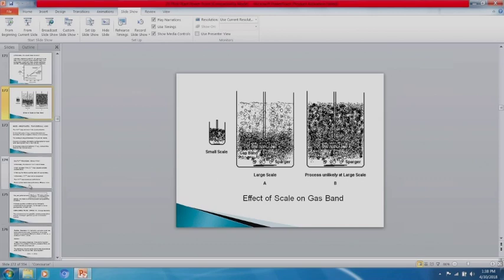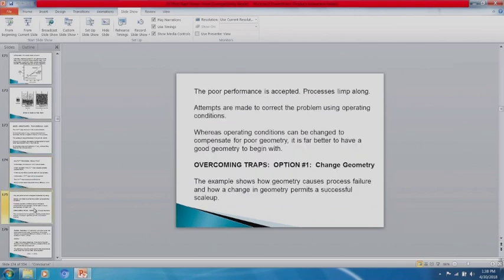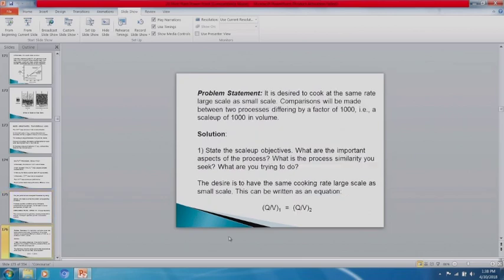So, anyway, let's see where we are at. So, let's change geometry and see what happens. It's desired to cook at the same rate, small scale as large scale. We have two processes differing by a factor of 1,000 in volume. So, same cooking rate, large scale as small scale. What does that actually mean?